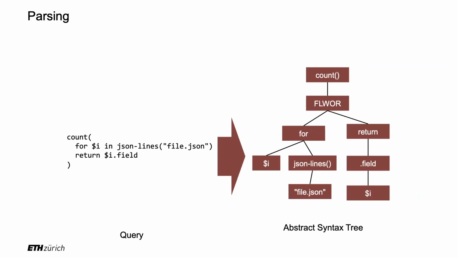What RumbleDB does is that it's going to parse this query and convert it into this ugly thing on the right that's called an abstract syntax tree. It's just the way that the computer sees the program, which is just a structure that has the representation of the query. Right? So this is what it does. Of course, it doesn't show you, but it does that behind the scenes.